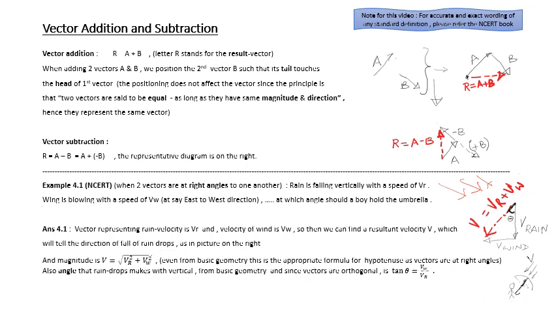So what does it tell you? That tan theta is V wind divided by V rain. So tan theta is V wind by V rain, and that is the angle at which the boy should hold the umbrella so that he doesn't get wet.